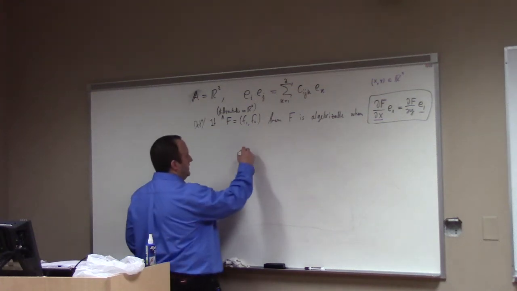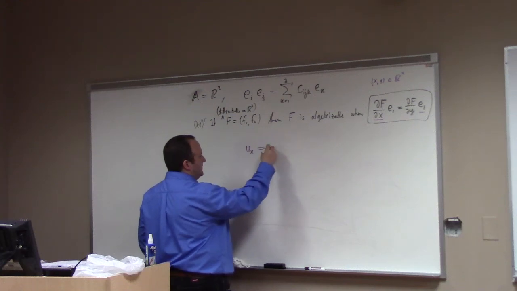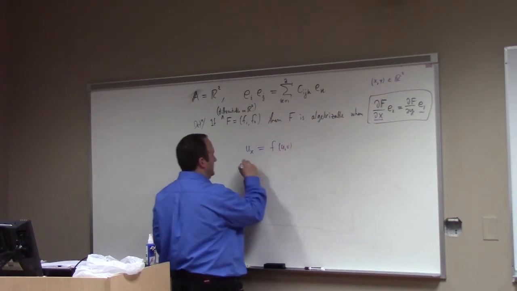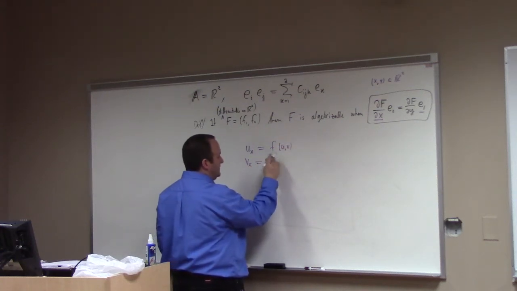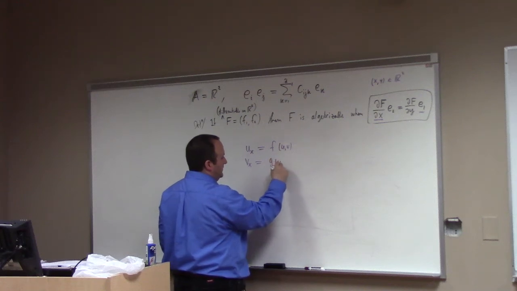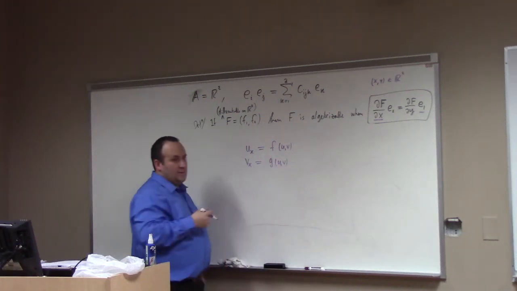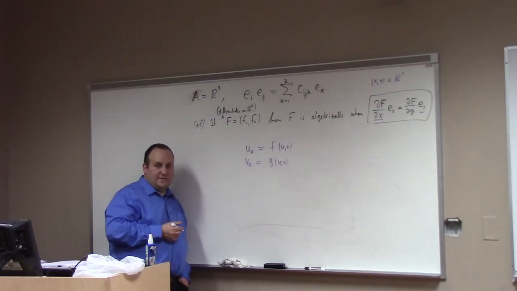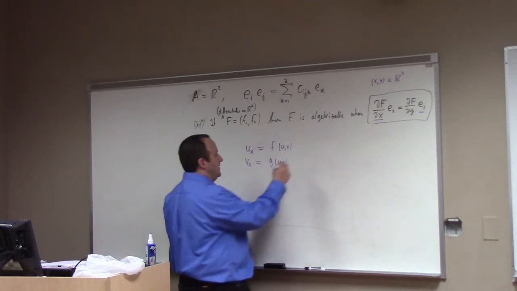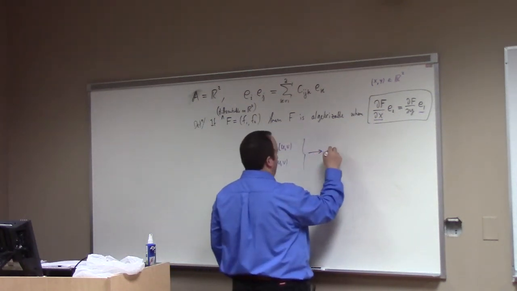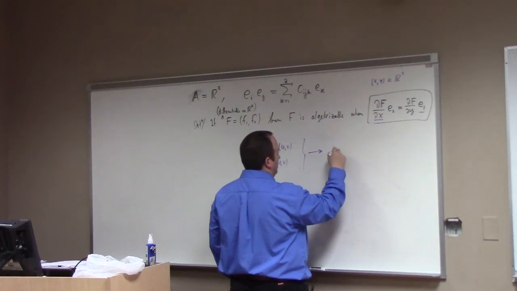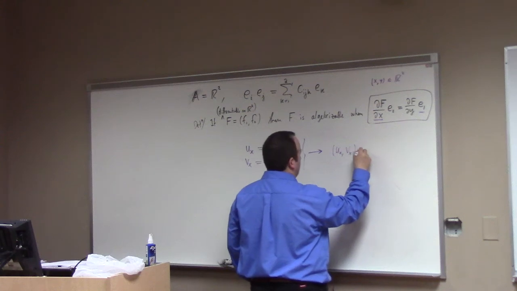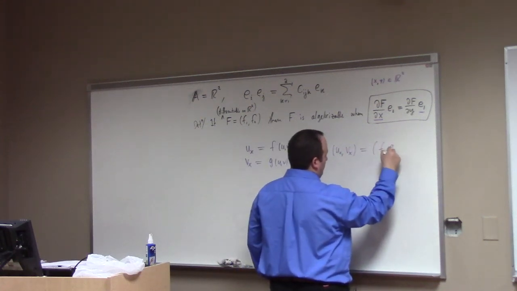So one of the problems we're working on is Ux equals some function f of u and v, and Vx is equal to some function, g rather, of u and v. And we're trying to decide when you can take this system and rewrite it. There's a couple different things going on, but here's one: Ux, Vx equals f comma g.